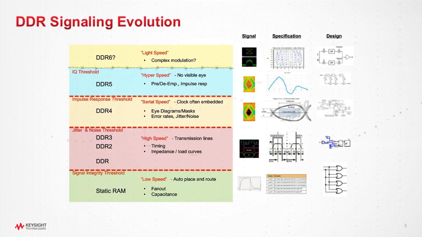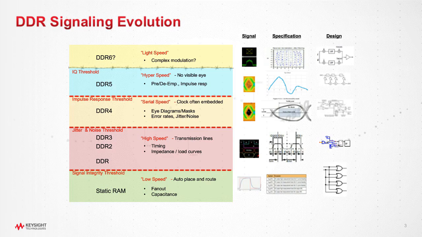And that's why the spec and the measurements that support it, and the design tools, the design concepts that you use for DDR4 had to change so that they could deal with these kinds of statistical, probabilistic descriptions of the waveforms and the eyes.